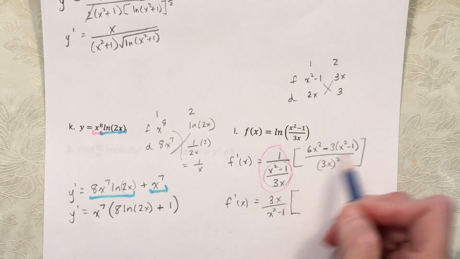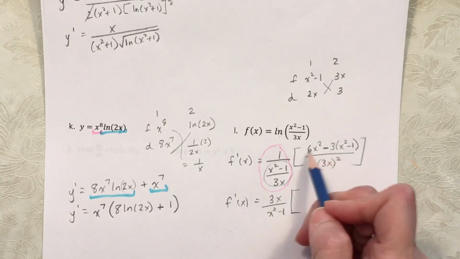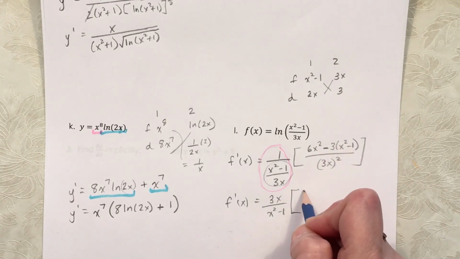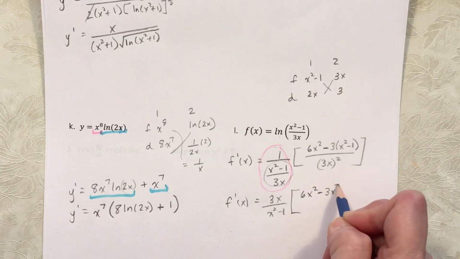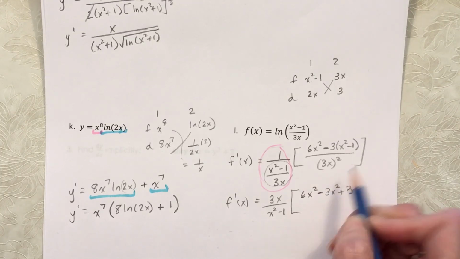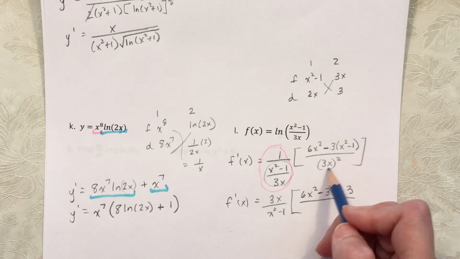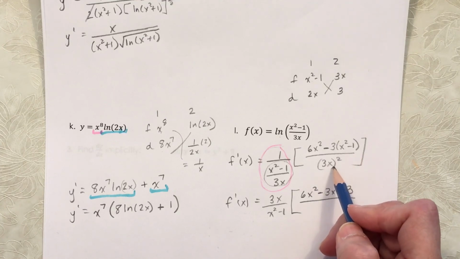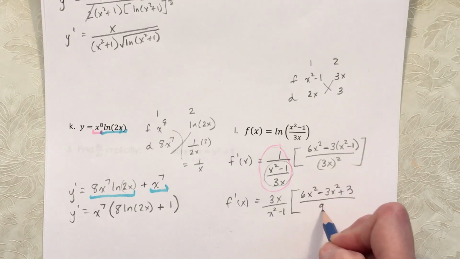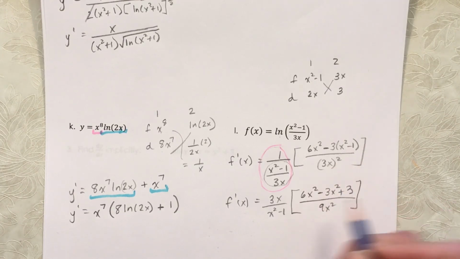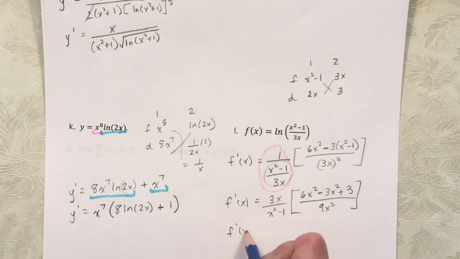And then I'm going to work on the square bracket. I'm going to expand in the numerator and simplify. So 6x squared minus 3x squared plus 3 over, and then I'm also going to expand in the denominator, 3x times 3x. So 3x all squared is 9x squared. Keep going here.